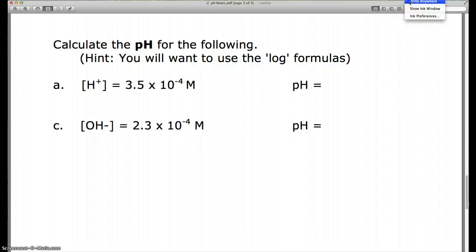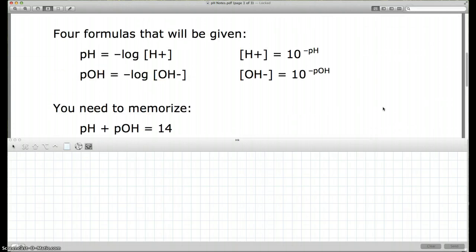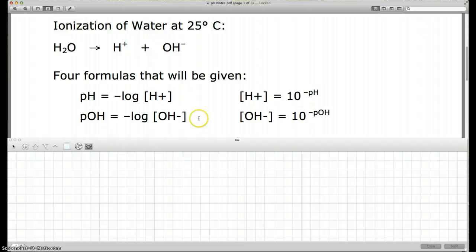There we go. For these two examples, if it's for pH, we're going to need to use that equation, or POH, if we're starting with OH minus, we're going to use that equation.